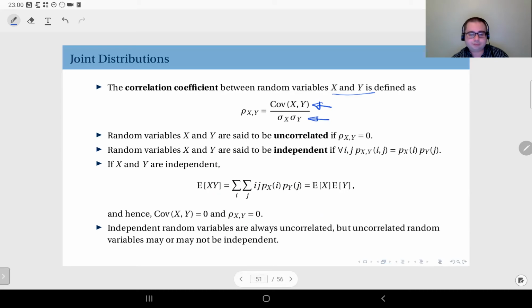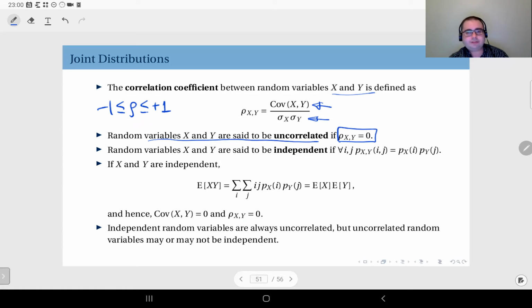The correlation coefficient is a parameter between -1 and +1, and it actually represents the relationship between the 2 random variables. Essentially, if rho equals 0, we say that random variables X and Y are uncorrelated.